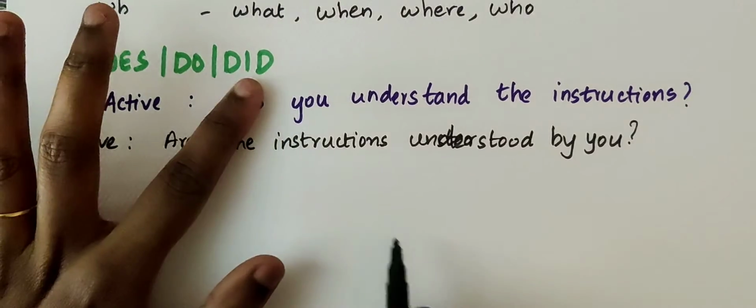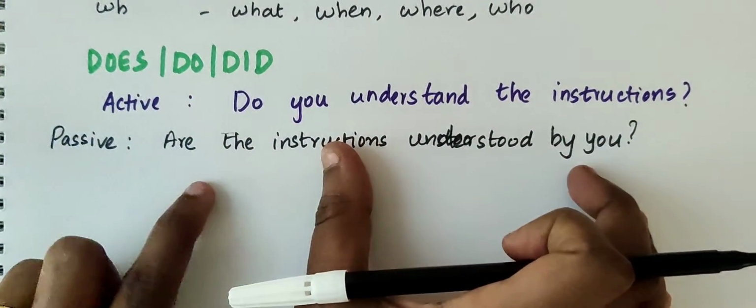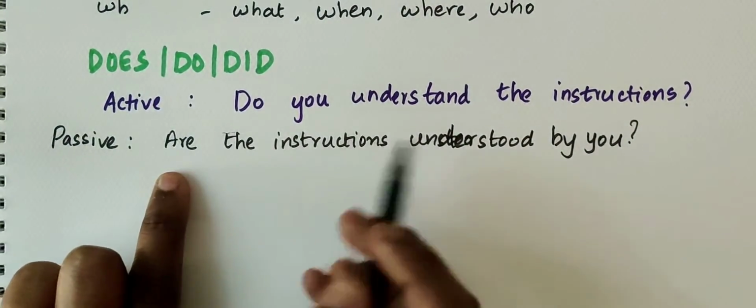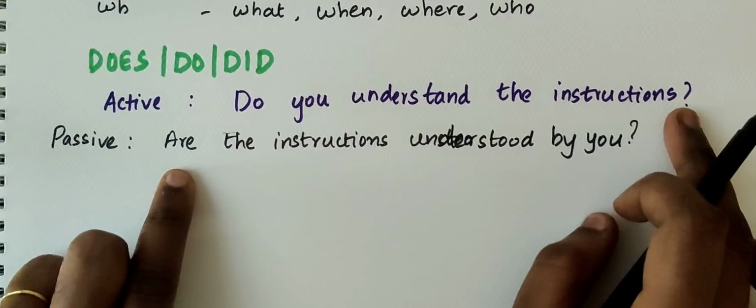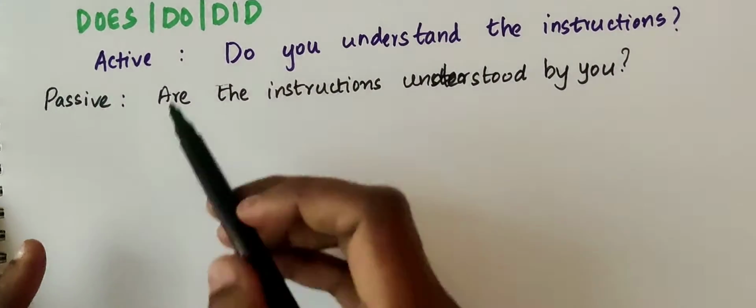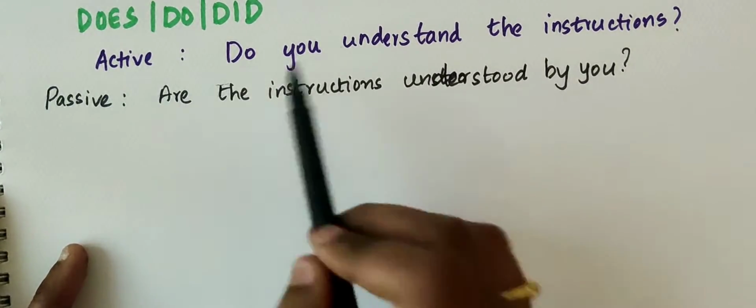Okay, so first thing is remove this and convert the rest to passive, and after converting just swap the helping verb and the object. That will give you the passive voice. If you note here, there is no do in the passive voice.